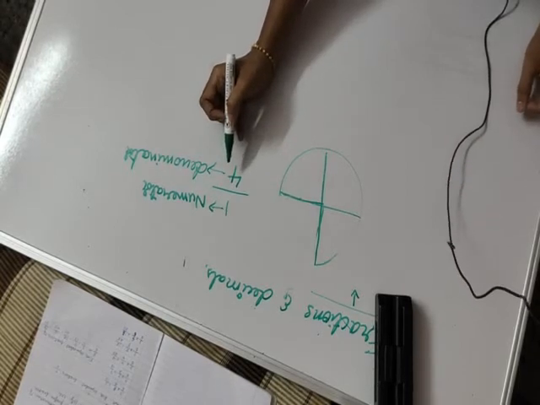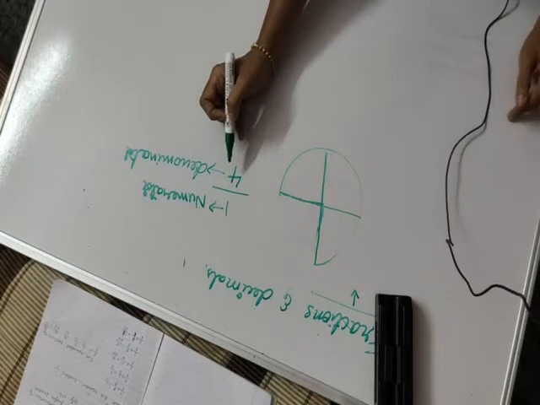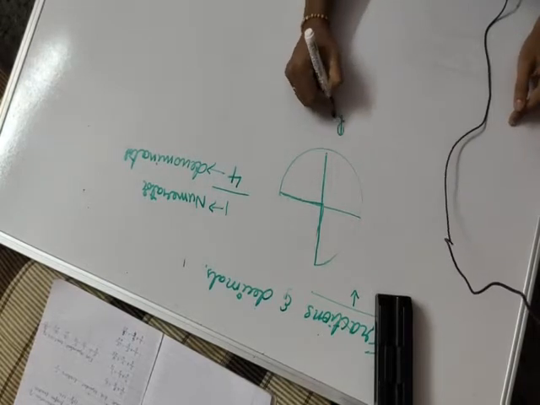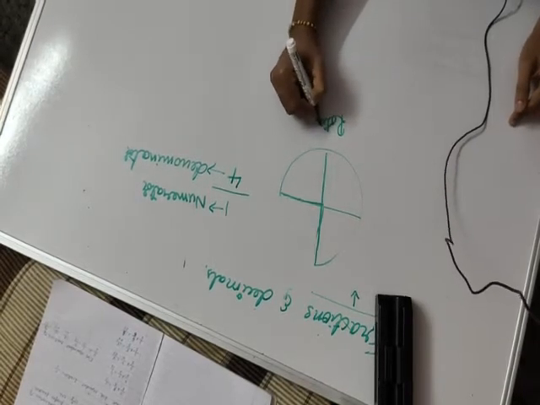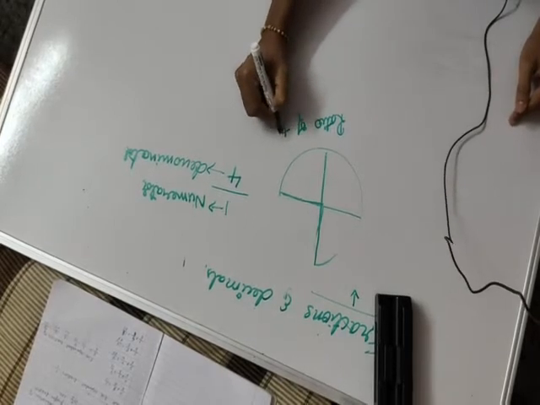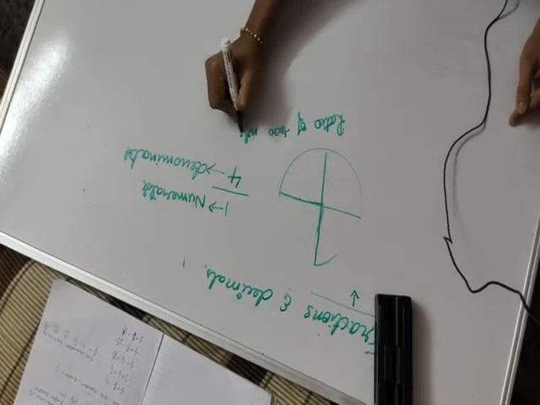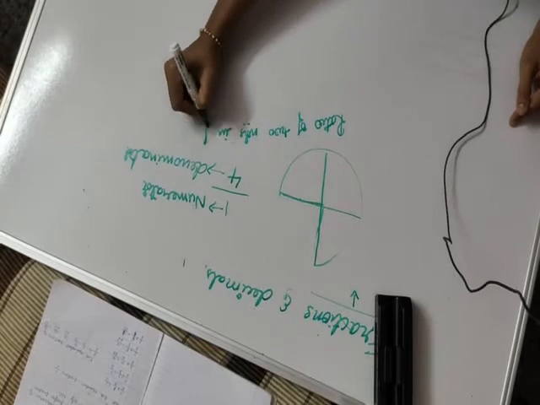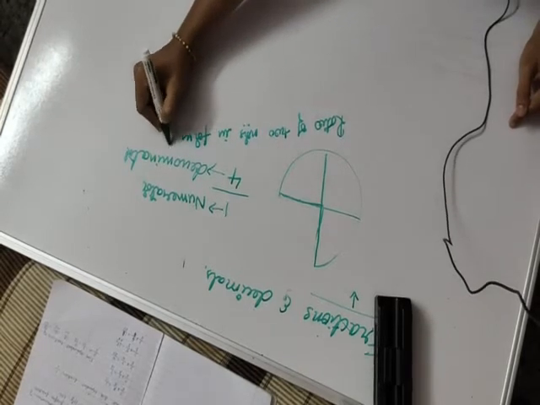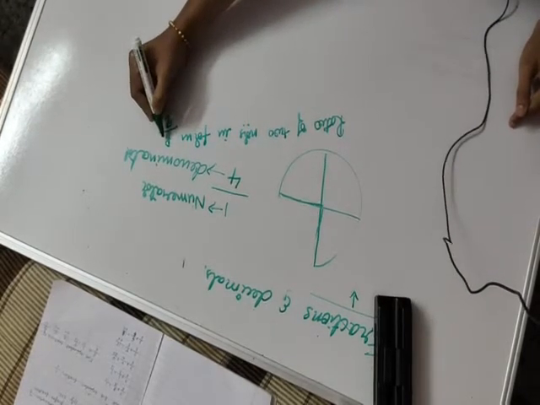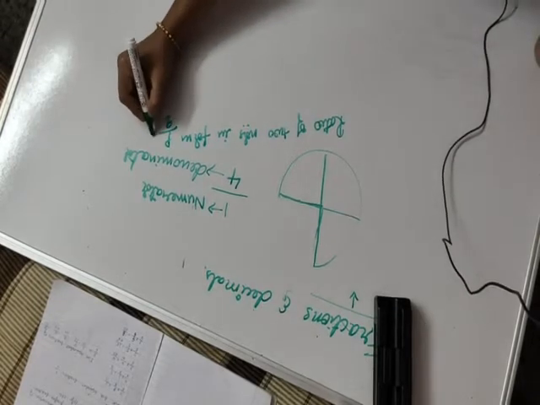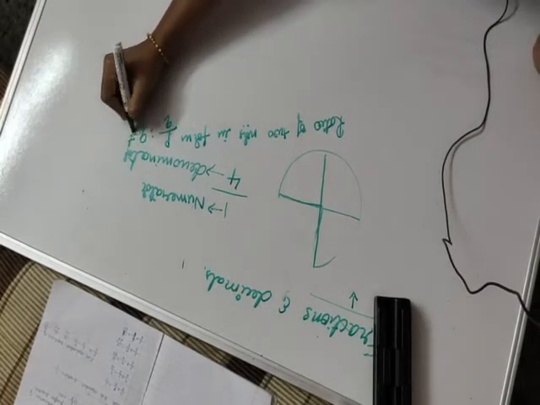One more definition will come when you go to the higher classes. This definition says: ratio of two numbers in the form p by q. P means one number, q means one number. But one condition is there: q should not be equal to 0.